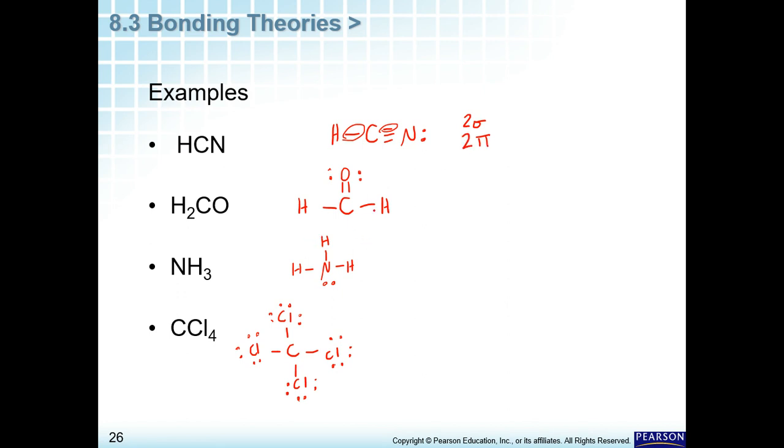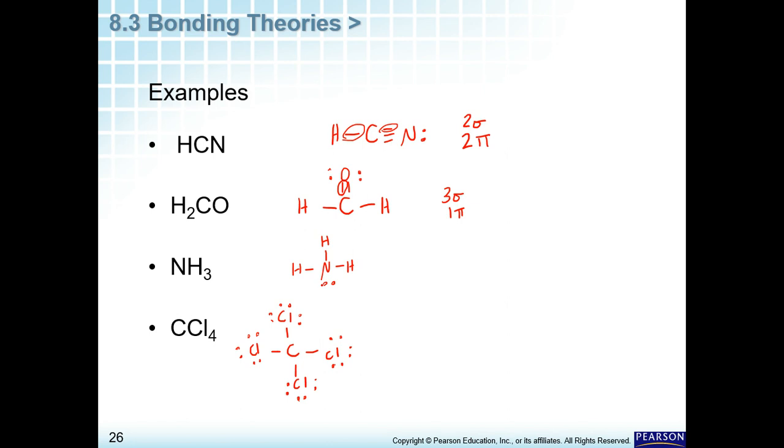If I'm looking at the next molecule, I have 1, 2, and then this first line will give me 3 sigmas. And then right here, the second line of my double will give me 1 pi bond. If I'm looking at the third structure, notice that this one's different because I do have a lone pair on the middle.